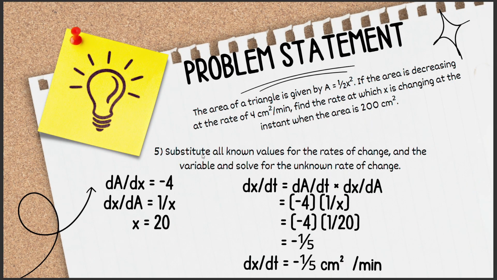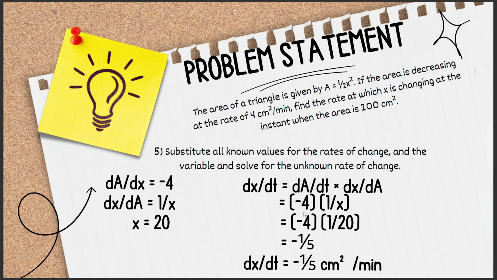The next step is to substitute all known values for the rates of change and the variable and solve for the unknown rate of change. So, we know that dA per dt is equal to -4 and dx per dA is equal to 1 over x, and also x is equal to 20. So if we look at the equation, dx per dt is equal to dA per dt multiplied by dx per dA.